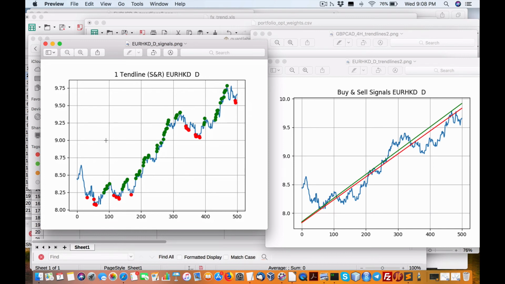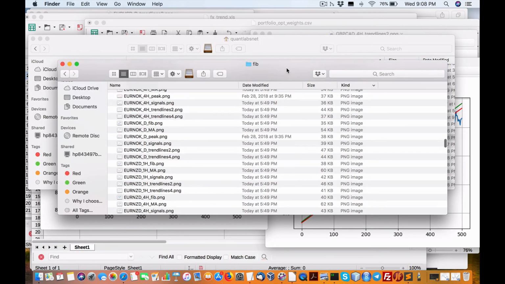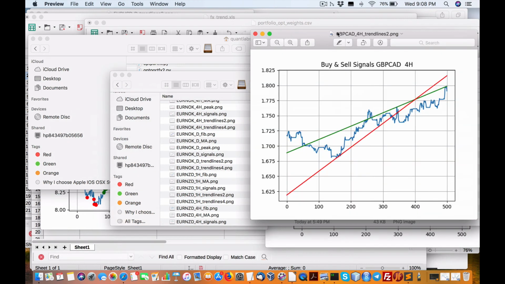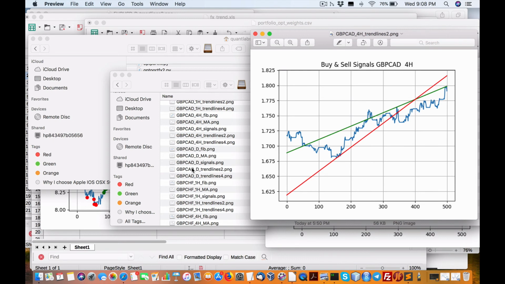And over 500 days, you would make a lot more money versus this combination. Where are you? See, GBP Canadian right here.